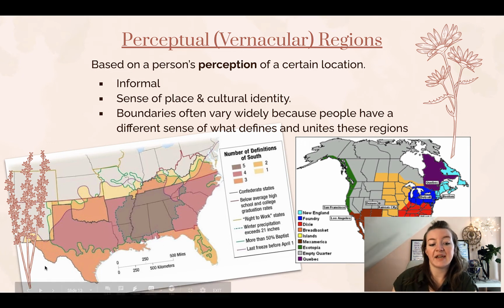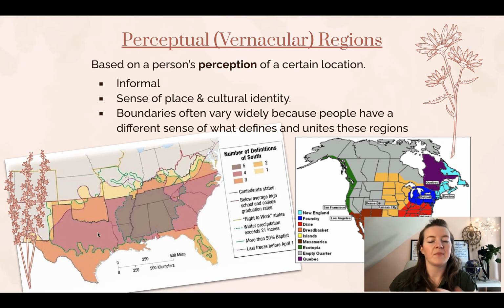Some include Texas or parts of Texas. I keep saying parts of it, I mean definitions. So sometimes different people classify a region or characterize a region as something different, someplace different than what someone else is going to classify it as.